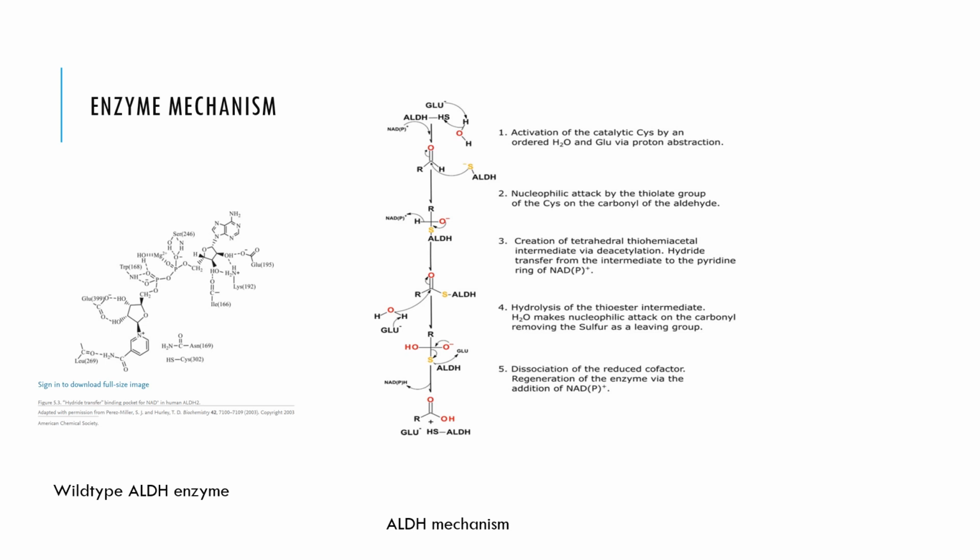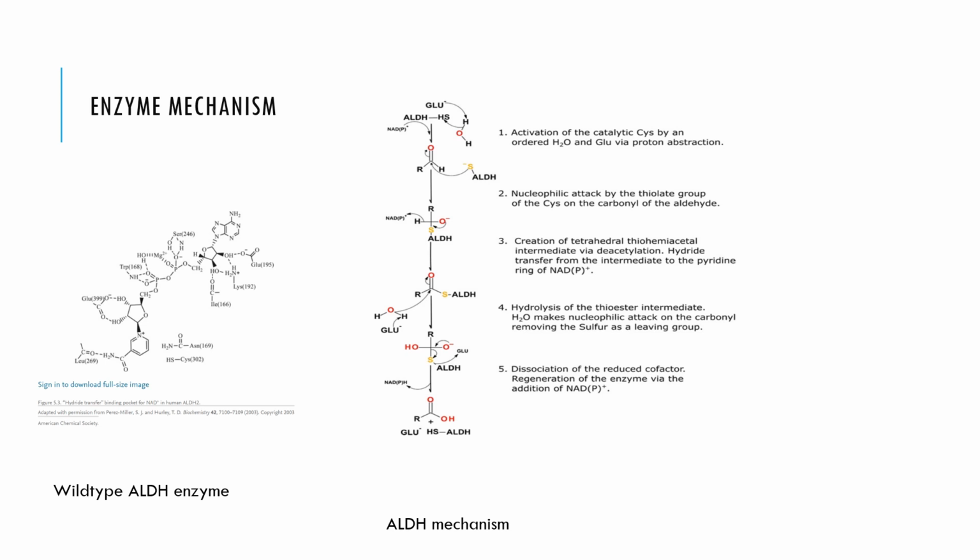Before we get into more on the article, let's talk about the general aldehyde dehydrogenase mechanism. This is how the enzyme metabolizes an aldehyde into a carboxylic acid. We have an active site that has a cysteine thiolate and a glutamate.